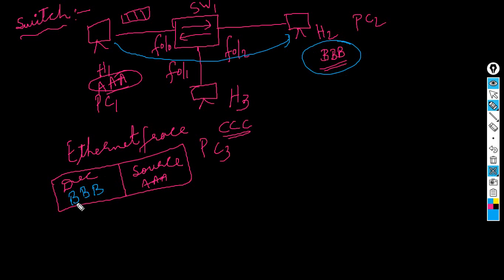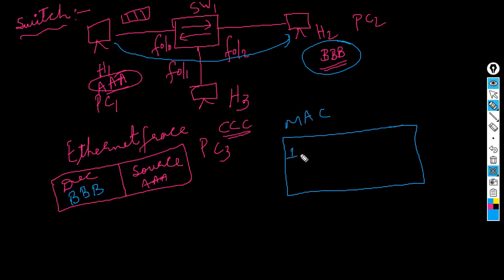Okay, and the switch is going to build the MAC table. Inside the switch you will have the MAC table. What will it keep? It will keep, for example, that my port 1, F0/0, is connected to the MAC address AAA. Like this they will put the entry. First, the switch will do a broadcast the first time. After that it will learn the MAC address, and then it stores the MAC address.